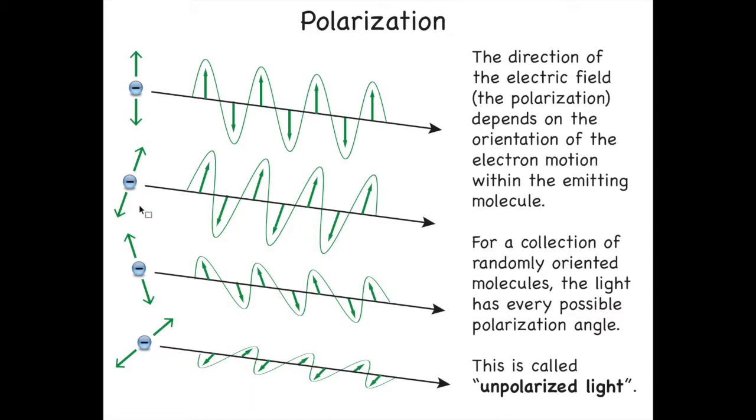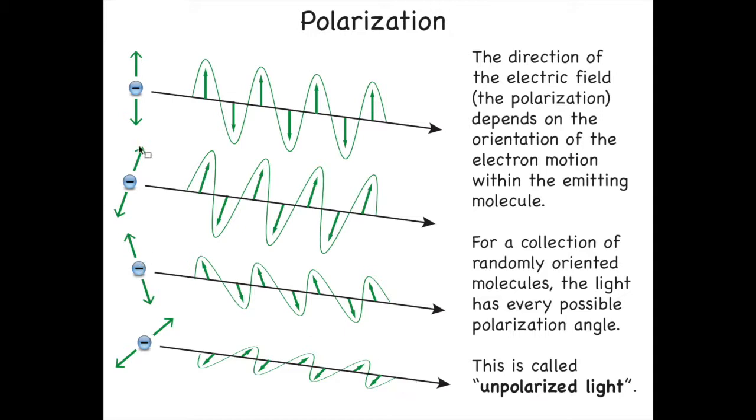But you can have other orientations of your molecule, and you can have a case where the molecule is oriented horizontally, or oriented in such a way that the electrons move horizontally when excited. In that case, the electric field would oscillate in the horizontal direction, and we call that horizontally polarized light. Right?